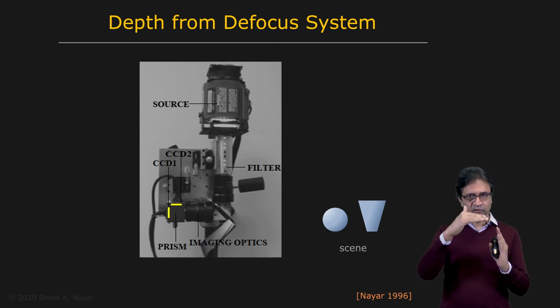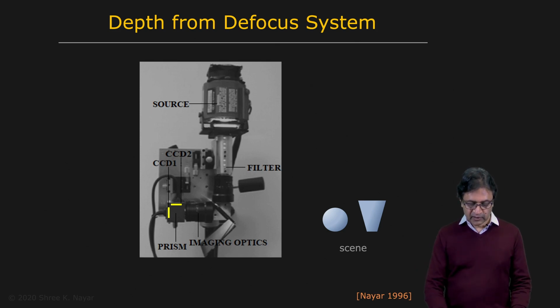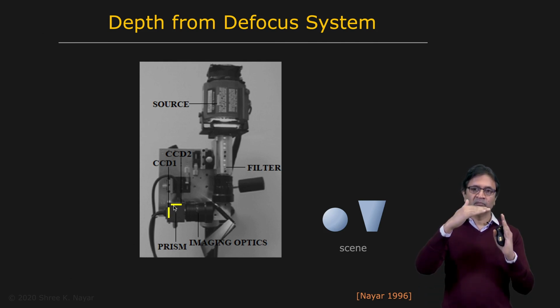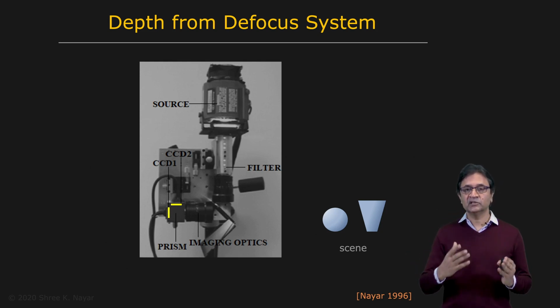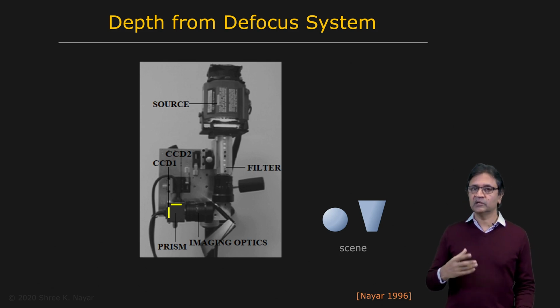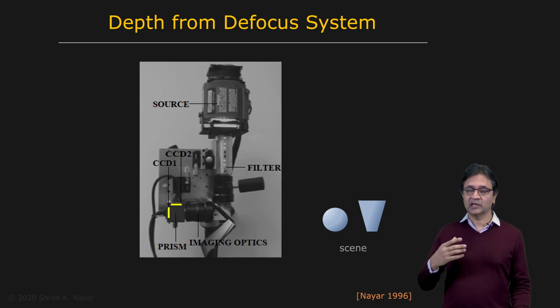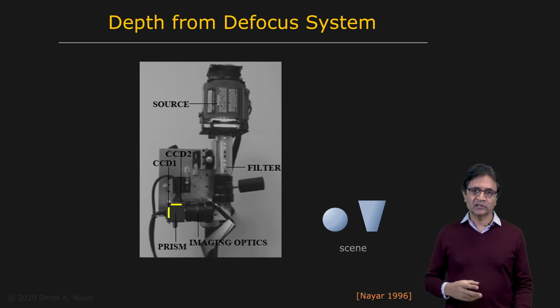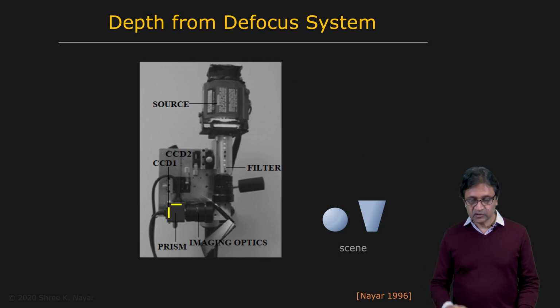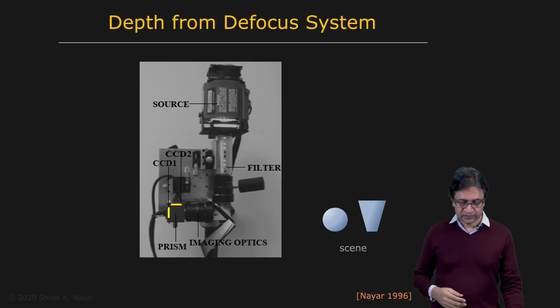So you essentially get two identical copies of the same image, but one image is being captured with a sensor which is located here, and the other one with a sensor that's located here. But these two sensors are, in terms of path length, actually displaced slightly. So essentially what you're doing is capturing two images of the same scene using the same lens simultaneously, which correspond to two different sensor locations. So that allows you to do depth from defocus.